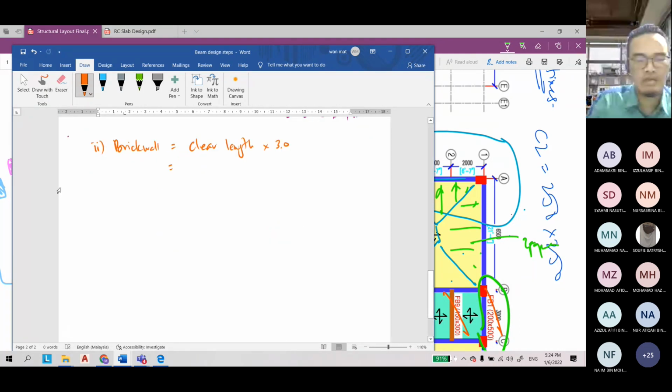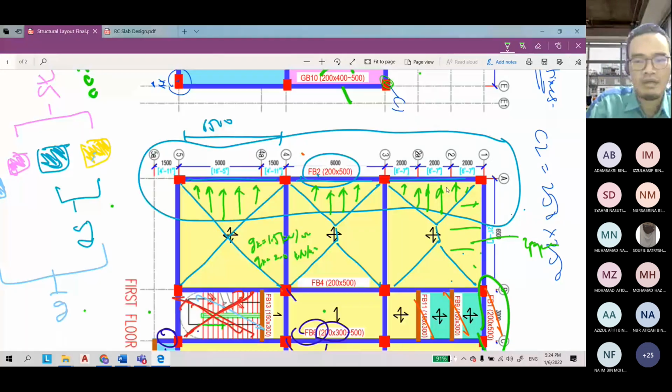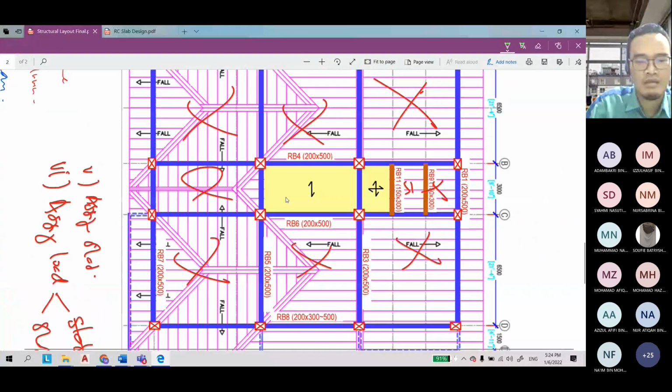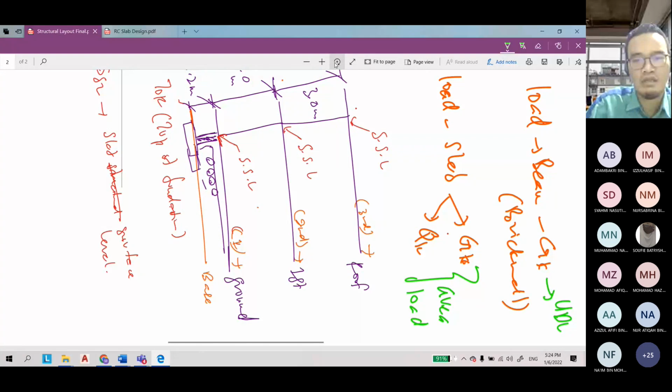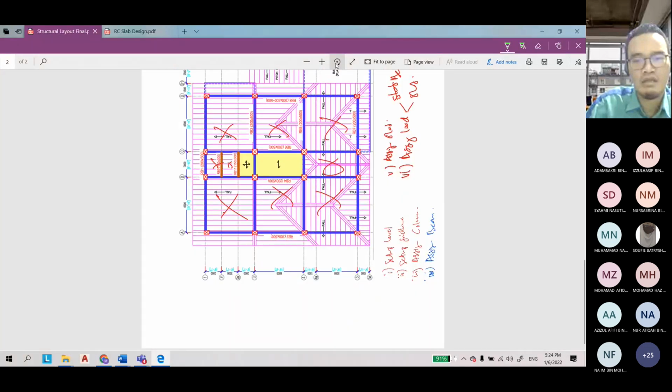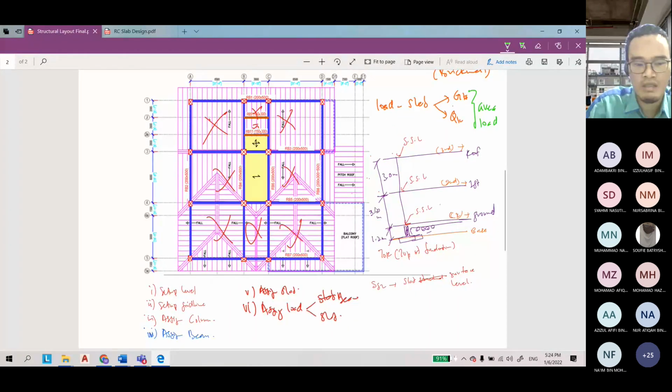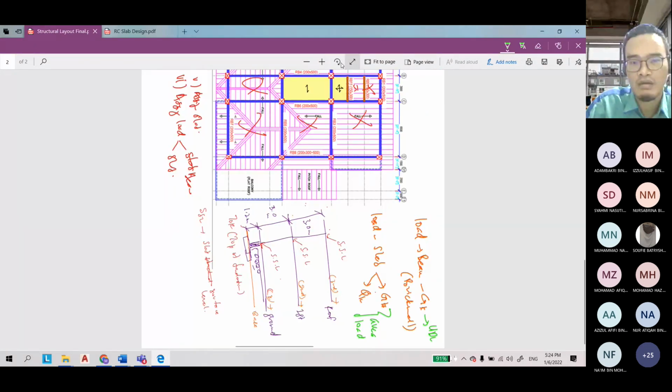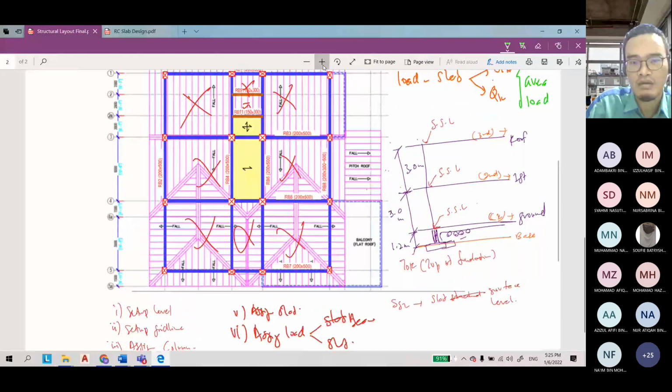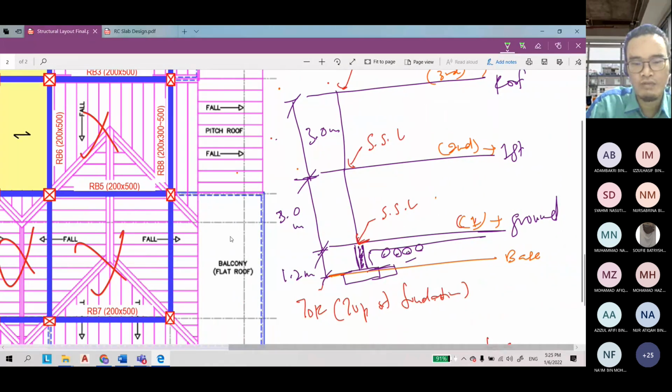The clear length is, let's say, I sketch here. I already explained this during your Tekla session. Let's say the floor to floor height is equal to 3 meters.